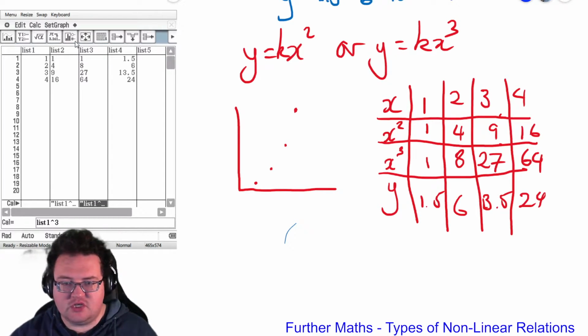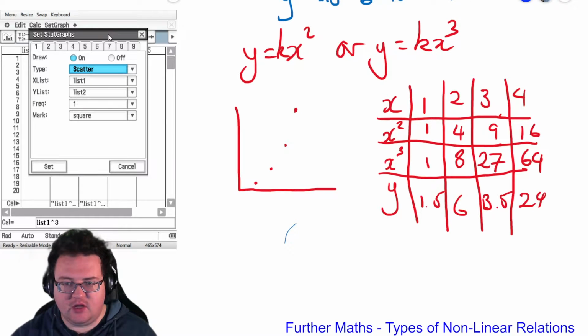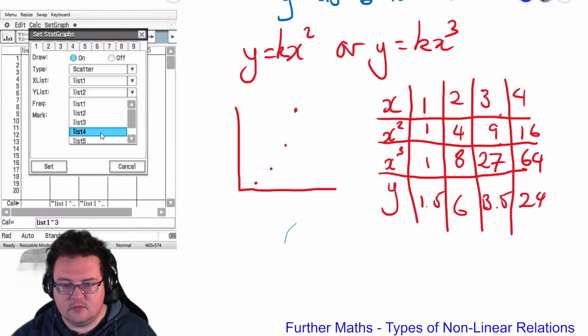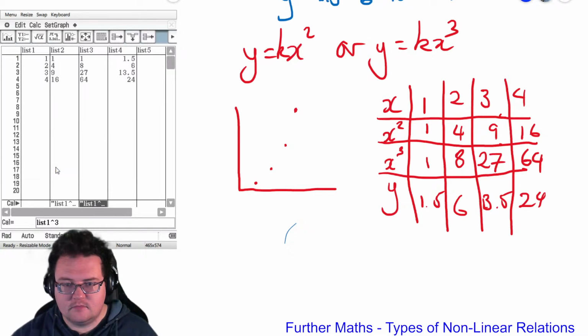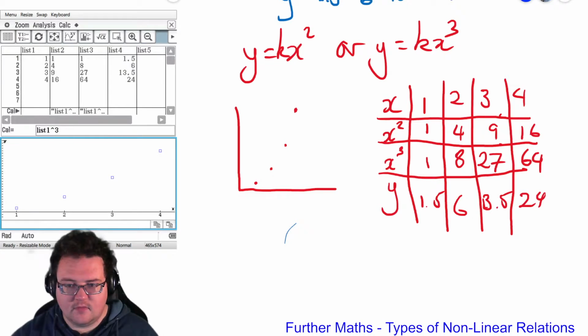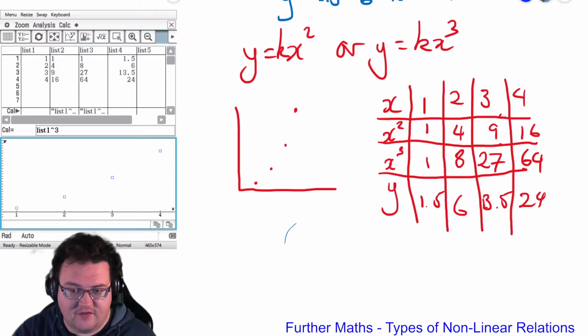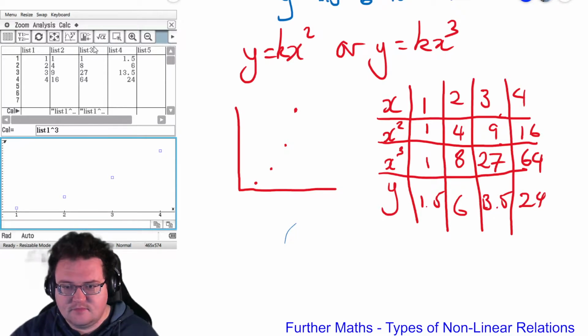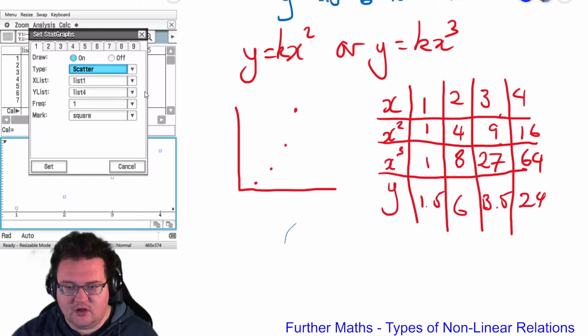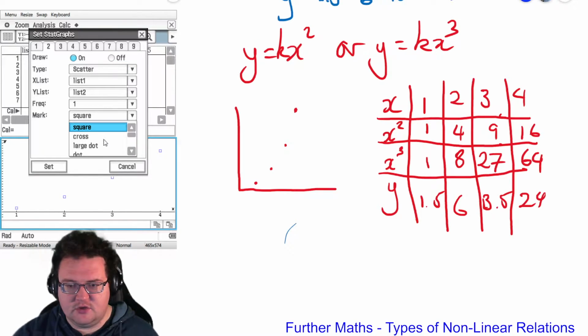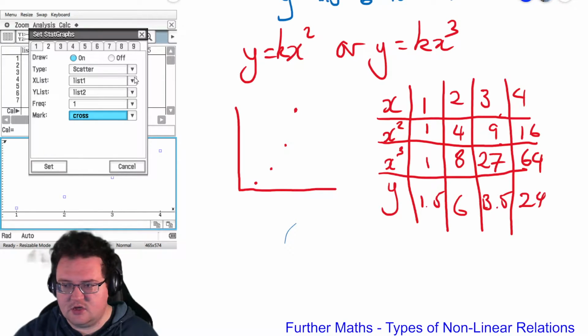Now, I'm going to plot a scatter plot, and I'm going to compare list 1 to list 4. So based on my axes and all sorts of stuff that I started with, that's what I've got. Now, if I go back to my scatter plot, draw a second scatter plot, I'm going to use crosses this time.